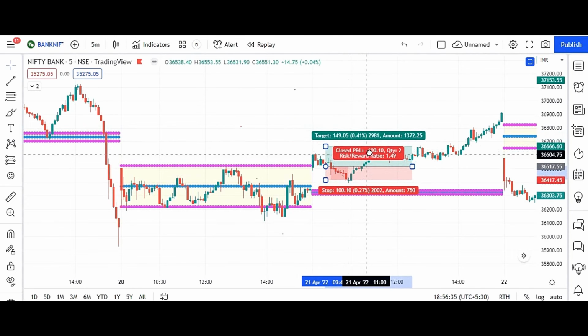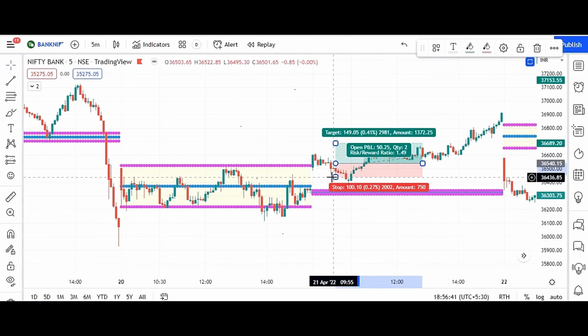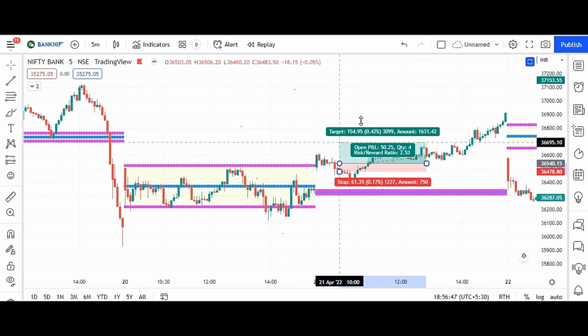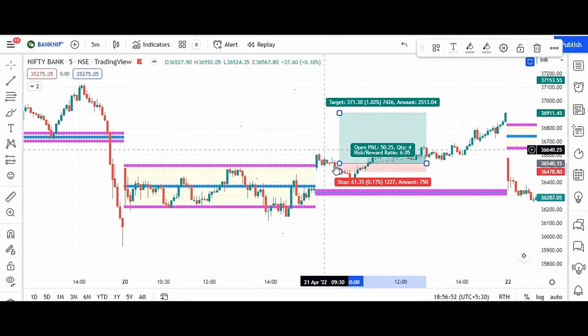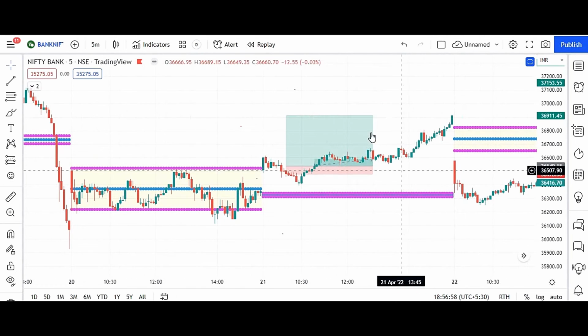If you re-enter here on this candle, at the top center pivot, and put stop loss at this swing high or this swing high, you might have made a very good profit of some 1:6. Whatever you lost here, you might have made more than that, 4 times. That's how this trade works.